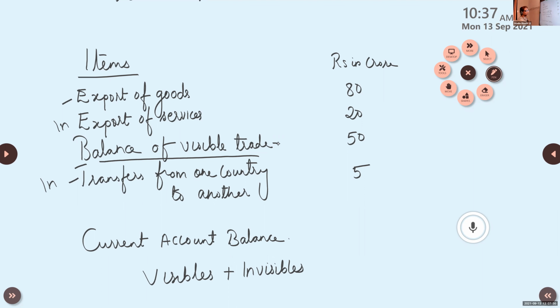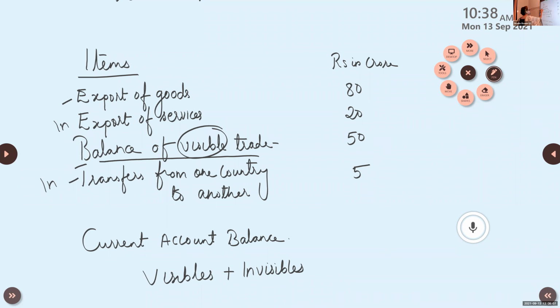Balance of visible trade includes what? Export of goods. Okay, this visible term you leave it. Balance of trade, it includes what? BOT includes what? Imports and exports, right?